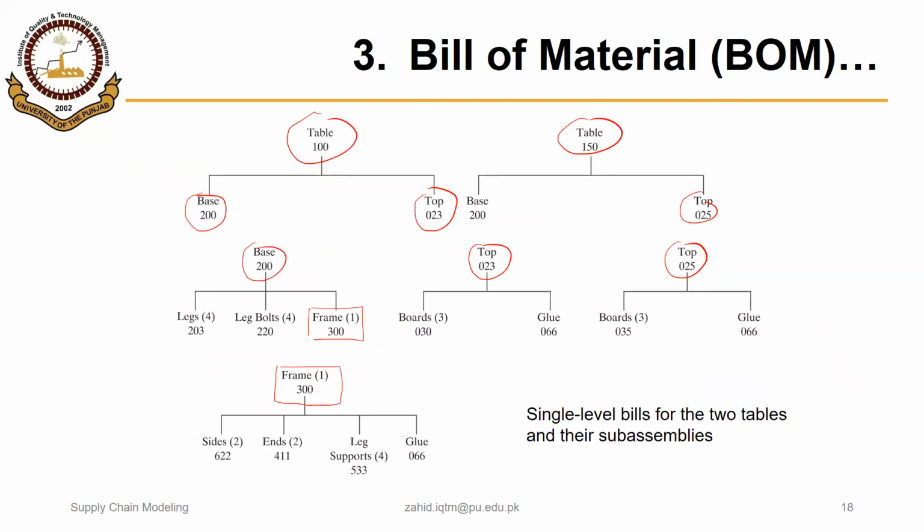But if we have single level bill of material like this, we only have to change this single level bill of material. Here we will just assign a code 027 for the top, and from the database we will define the top 027 and recall it here. The rest of the bill of material will be automatically updated. If it is not clear, we will discuss this point during the question answer session.